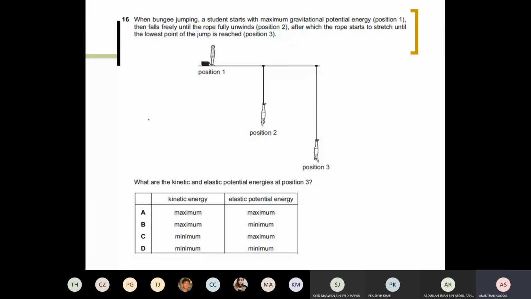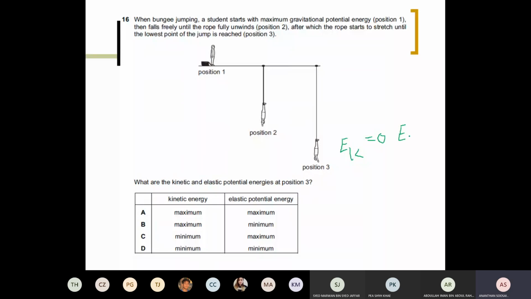Two of you give me the answer C. Is it C? What are the kinetic and elastic potential at position 3? Position 3 is already stopped, right? So at the lowest point of the jump, EK has to be 0.